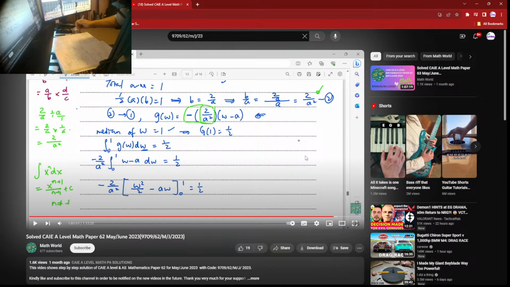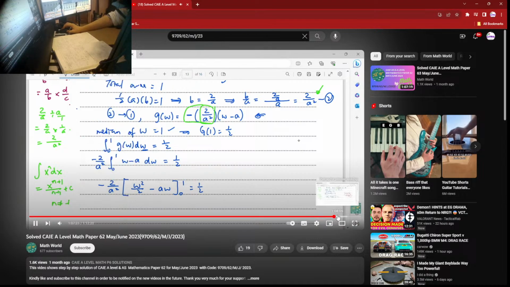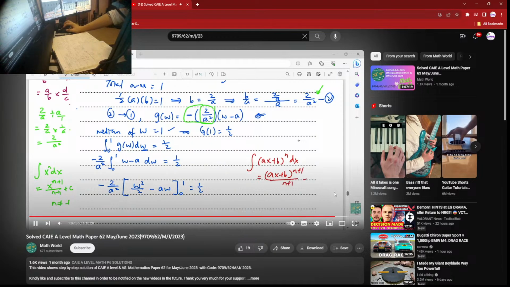Then from this we will have to integrate, but I have another easier method. So I can say that this is ax plus b dx. Then I will just put the w minus a as 1 term. So it will be ax plus b to the power of n plus 1 over n plus 1 plus c.